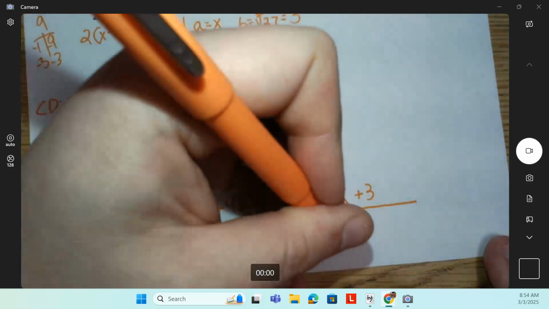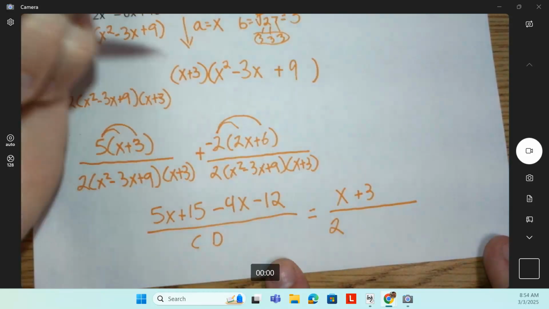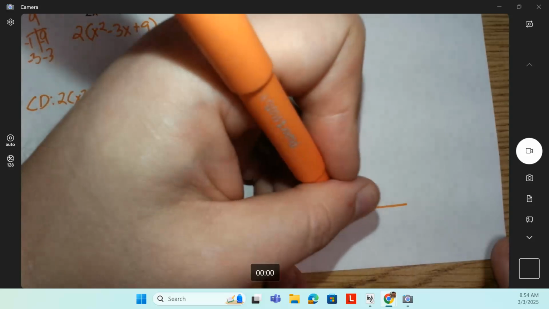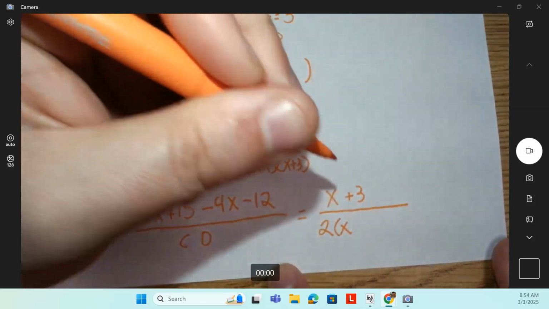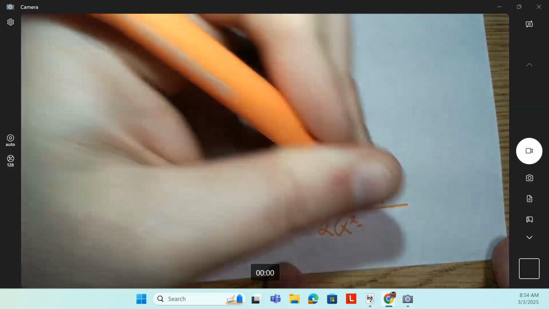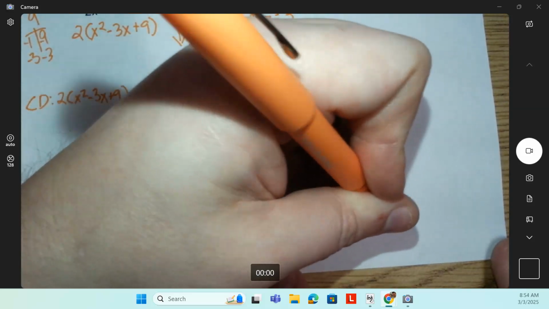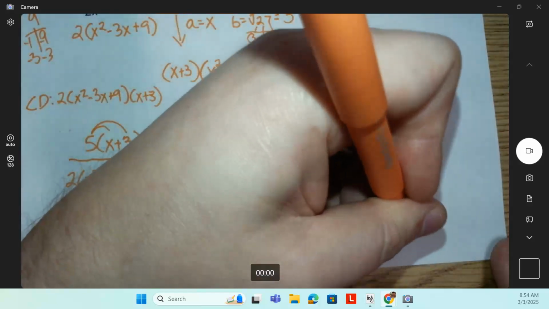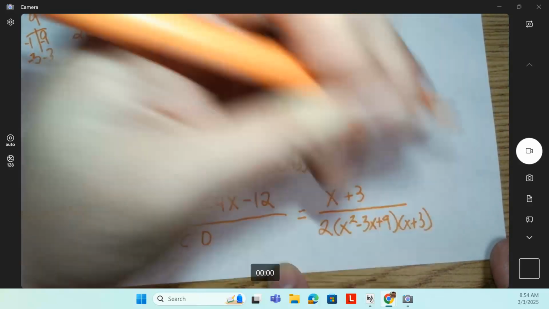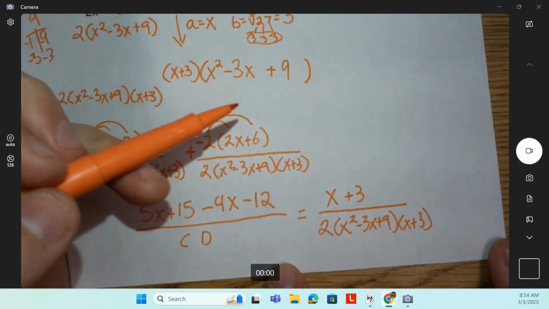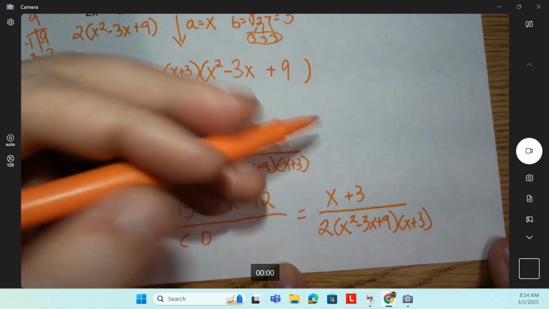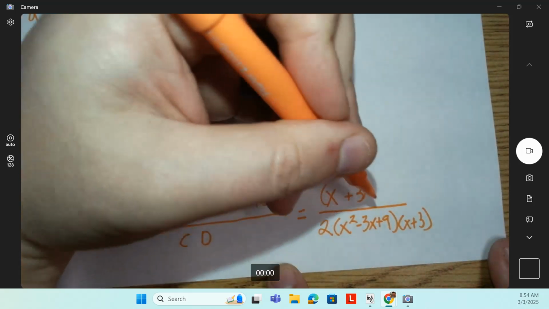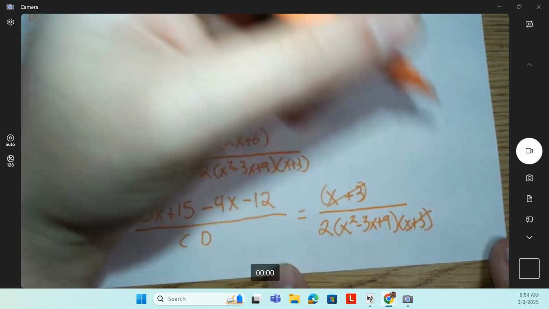So when I put that simplified out with the 2x squared minus 3x plus 9 times x plus 3, I end up with an x plus 3 here and one down here.